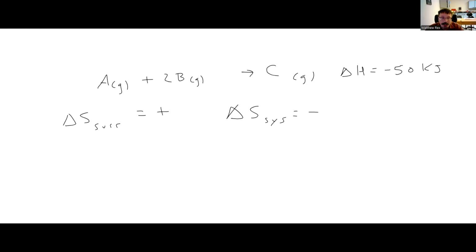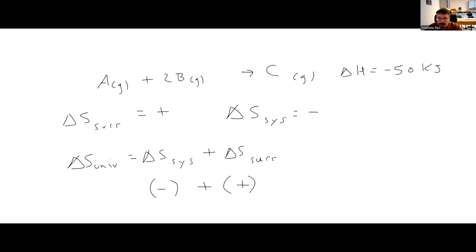So if we want a delta S universe that is also positive, and our system is negative but our surroundings are positive, then I need that positive value to be larger than the negative value.